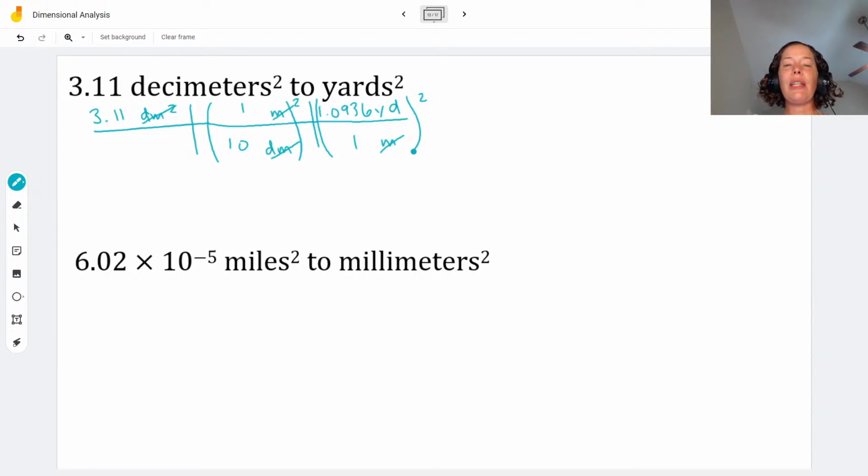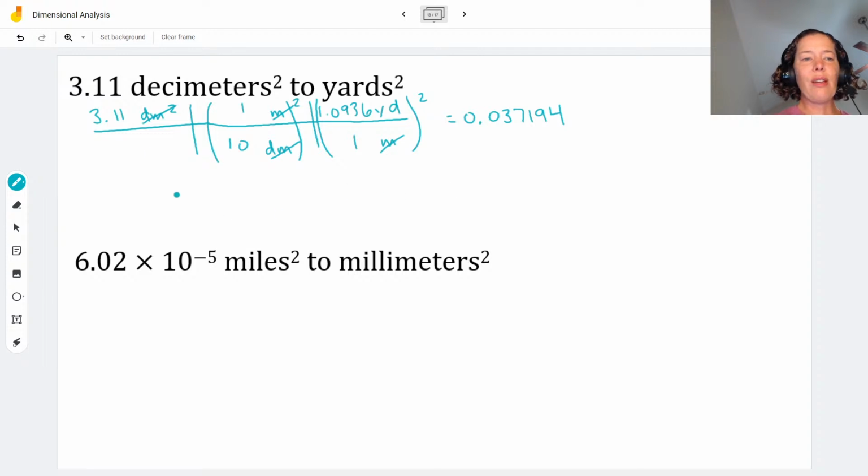So for these multi-step ones, I know some students like to square these first and just have the larger number and then go through the conversion. Some like to use a lot of parentheses in the calculator. Again, whichever way works for you, and make sure that your calculator is doing the calculation correctly so you're getting the correct answer.